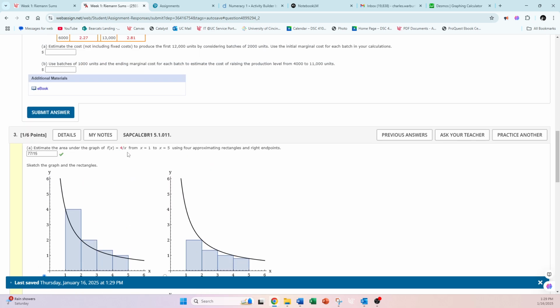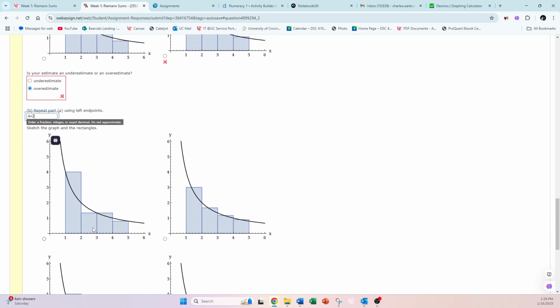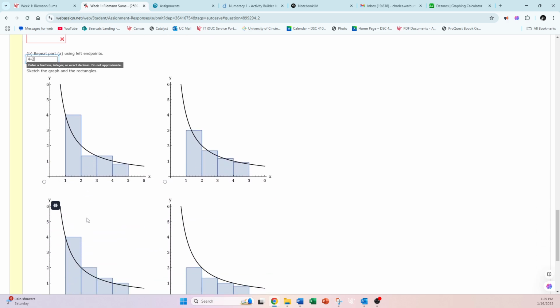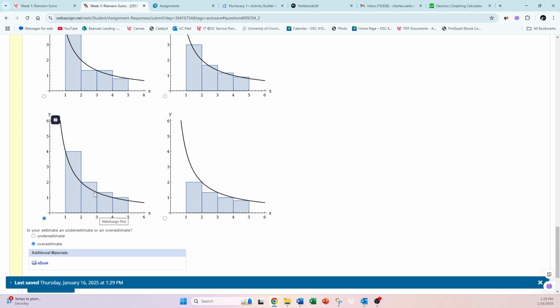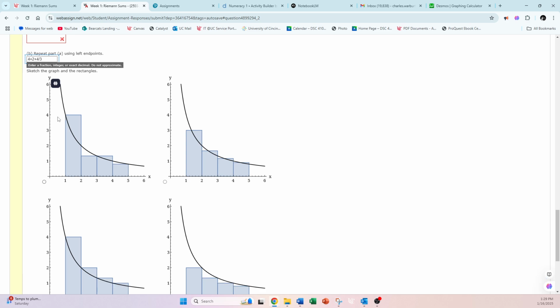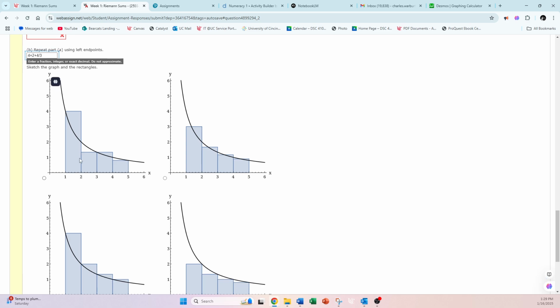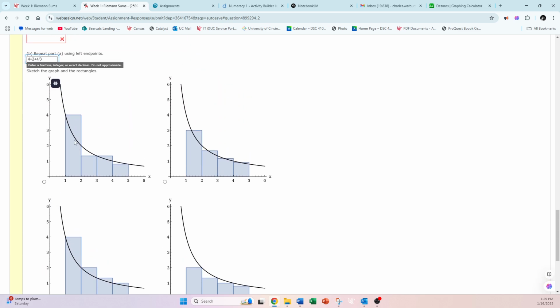Here's the function up here, 4 over x. So if you plug in a 2, 4 over 2 is 2. Now what do we plug in, what, a 3. So 4 over 3. 4 over 1, 4 over 2, 4 over 3. And now the last one, what? 4 over 4, which is 1.